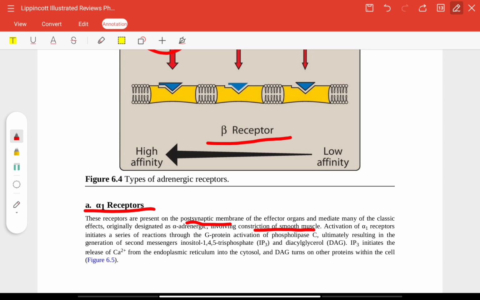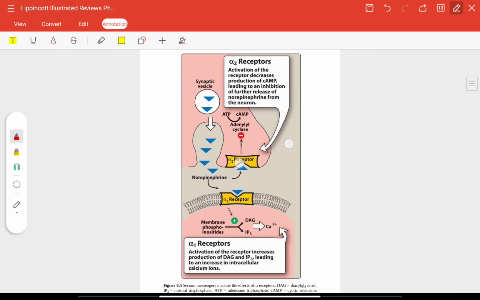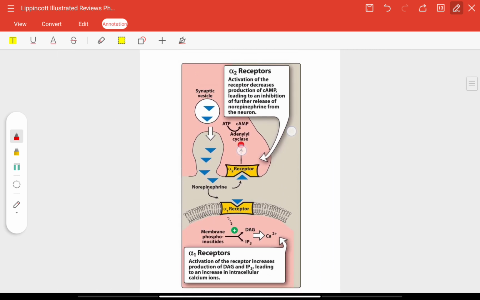Now activation of alpha 1 will initiate G protein activation of phospholipase C, which will result in second messengers inositol 1,4,5 triphosphate, IP3, just remember IP3, and DAG. Okay, IP3 will initiate the release of calcium from the endoplasmic reticulum into the cytosol, and DAG turns on other proteins within the cell. Now you can see in this diagram, it's a better clear explanation.